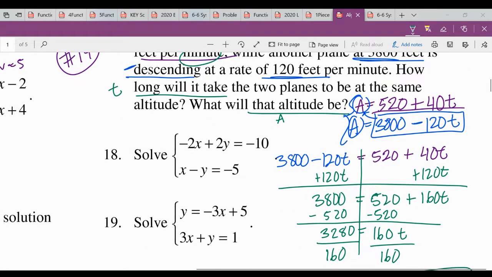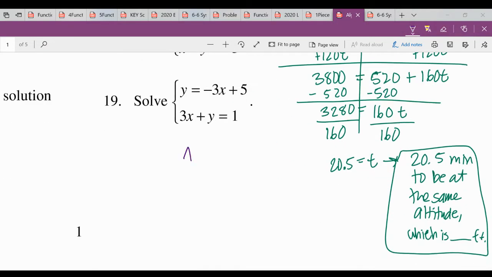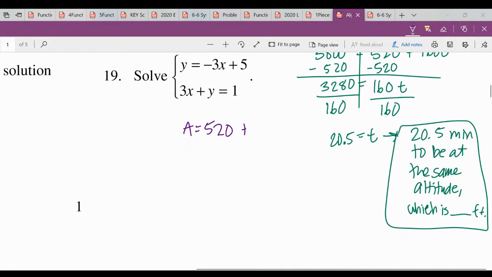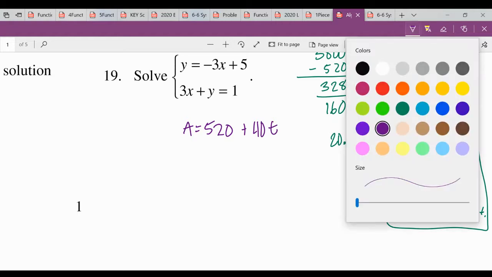I can use one of those two equations I came up with at the beginning. I think the first one's easier. So I'll use altitude equals 520 plus 40t. Then t is 20.5.